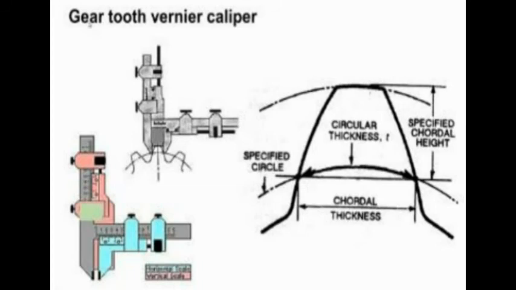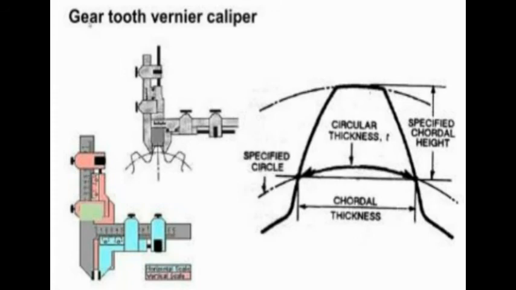Now we should know at what depth we want to measure the thickness, since the tooth thickness varies at different depths. That depth we should fix here by moving the blade. The tongue should be moved up and down, and the depth should be adjusted.